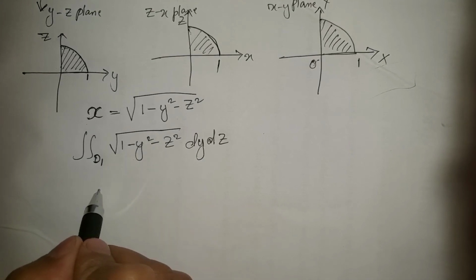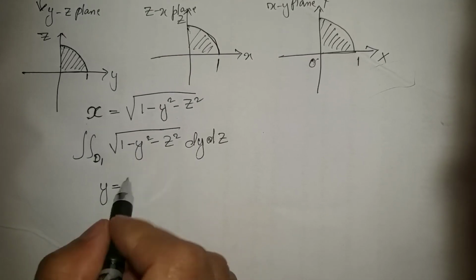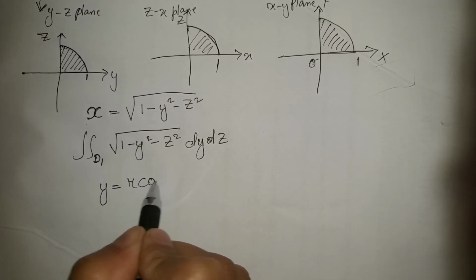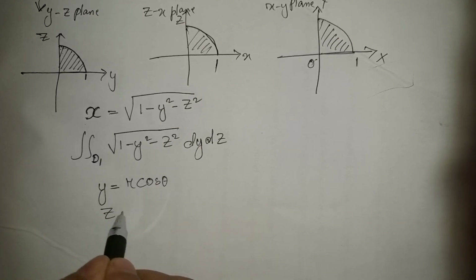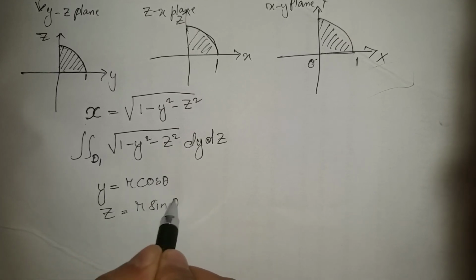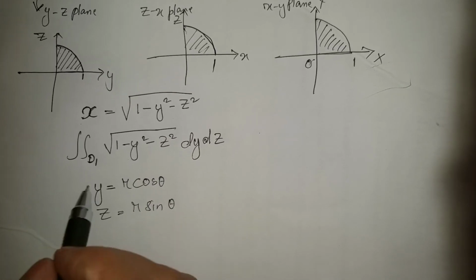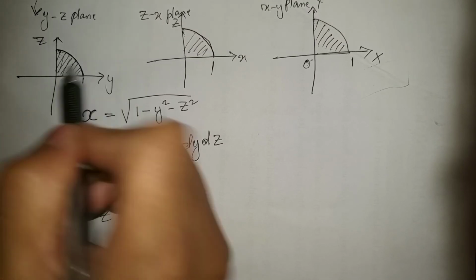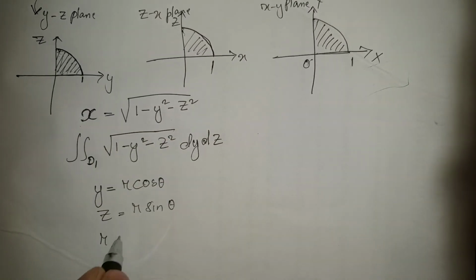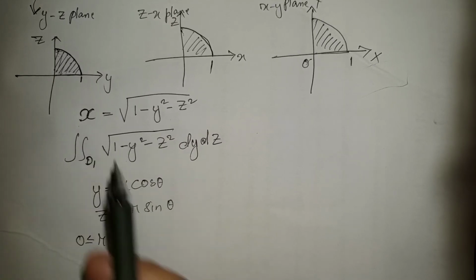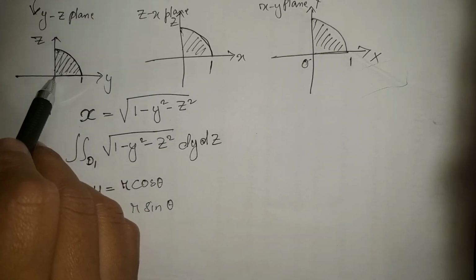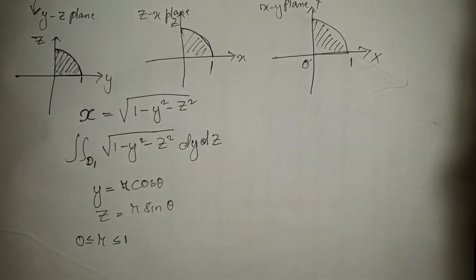So if we write y equal to r cos theta and z equal to r sin theta, since it is this quarter circle, the radius r will have to vary from 0 to 1.